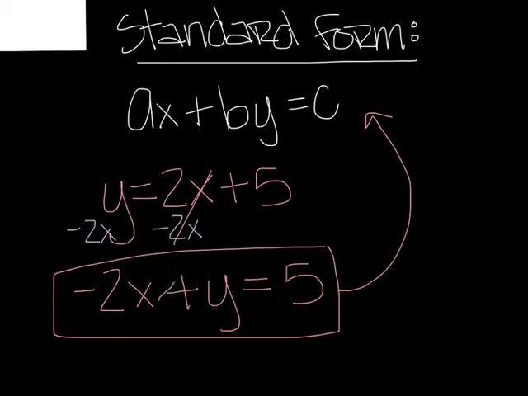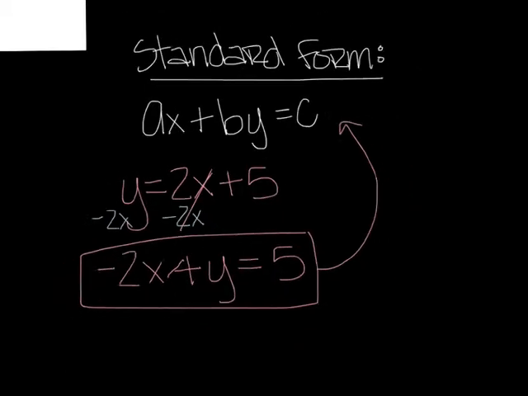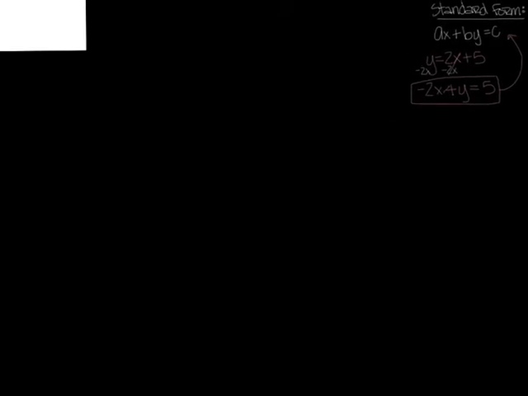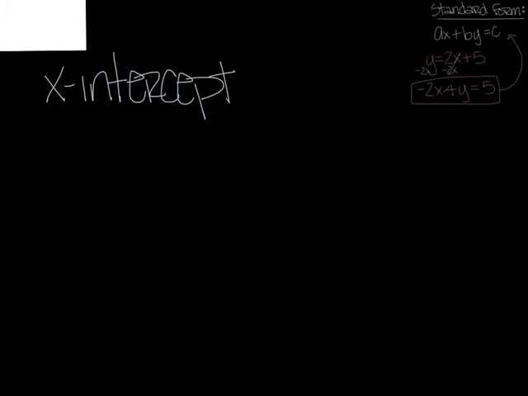So let's go ahead and take a look at finding the x and y intercepts. The x-intercept is when the graph or the line physically crosses the x-axis.